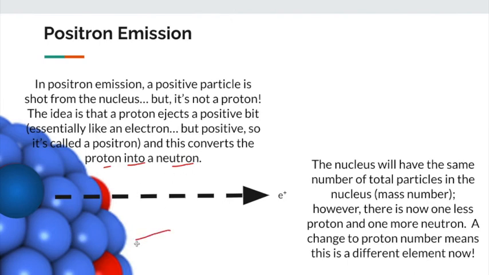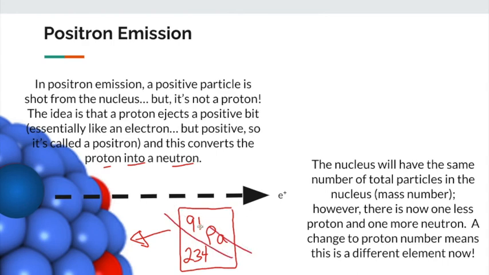So we'll continue with the example from before and say that we have protactinium-234. Protactinium has that atomic number of 91. 234 was the mass number of this particular isotope due to what we knew before. And now we're saying it's not going to be this anymore because of the positron emission.